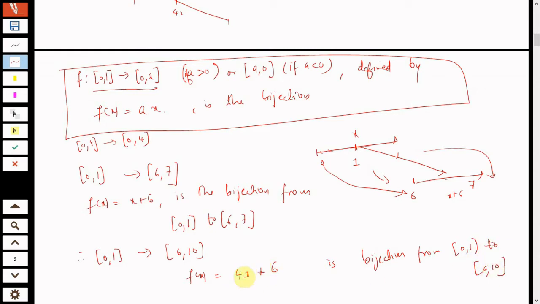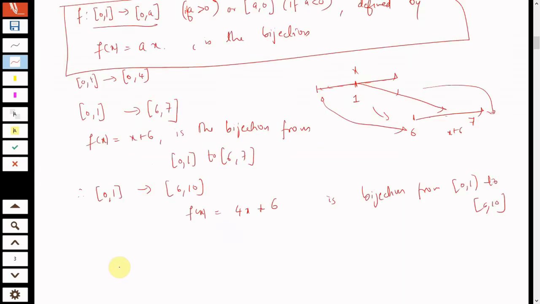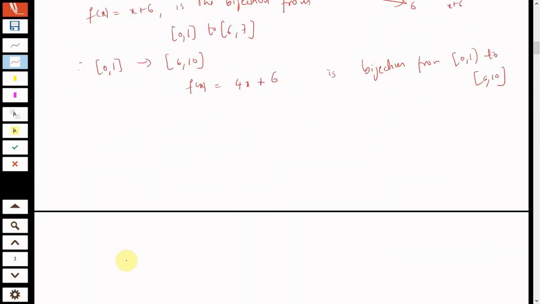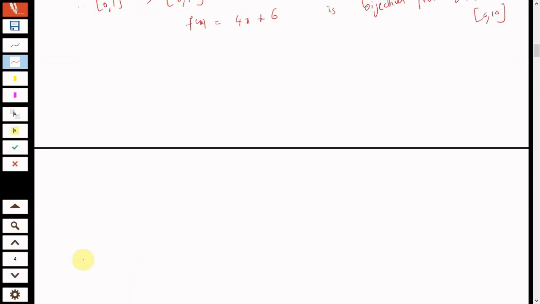This 4 is the length of this codomain, and this is the translation, okay. So in this way, now here we can generalize the bijection from the closed interval 0, 1 to any interval of the form a, b, and I'll mention it over here. So therefore, in general, let me make a note.